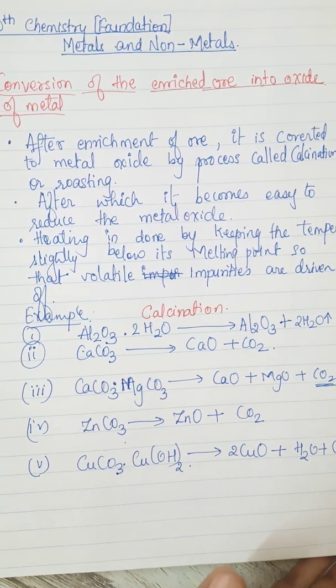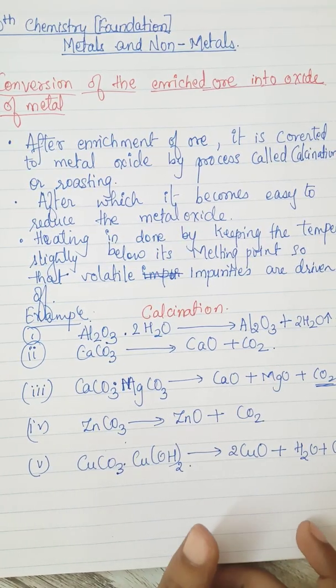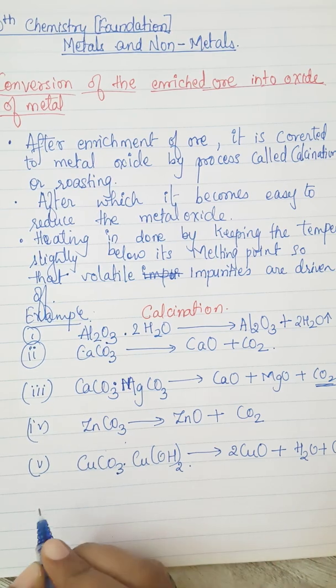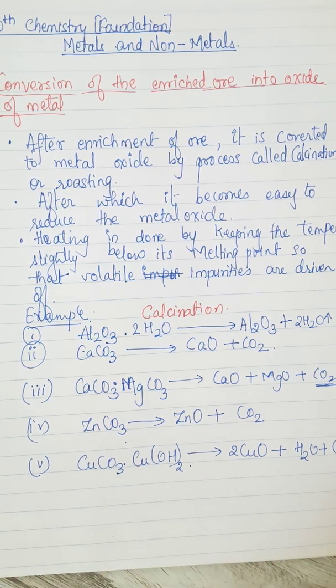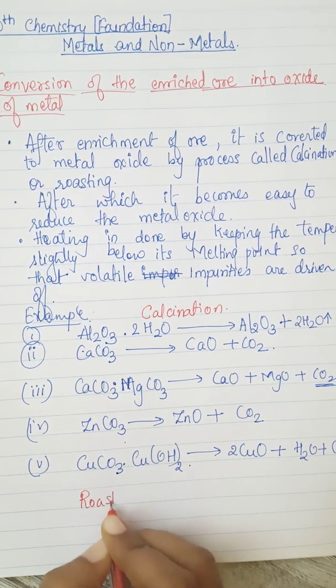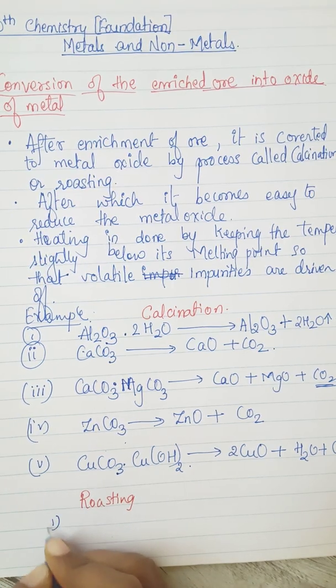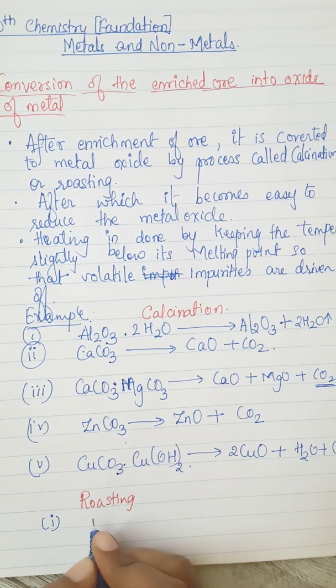Sulphide ores are usually converted to oxides by roasting. For roasting we need plenty of oxygen. Why so? Let's see. I'll write the heading and give you many examples. Roasting. As sulphide ores do not contain oxygen, we need to provide them oxygen.